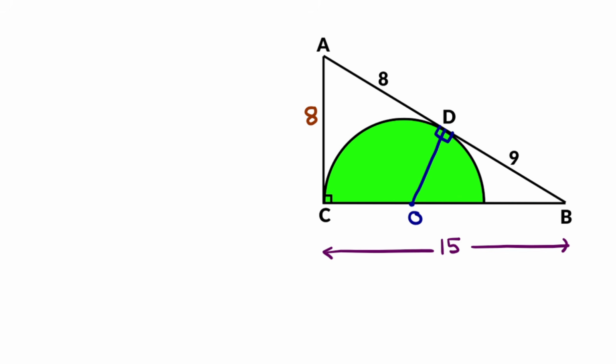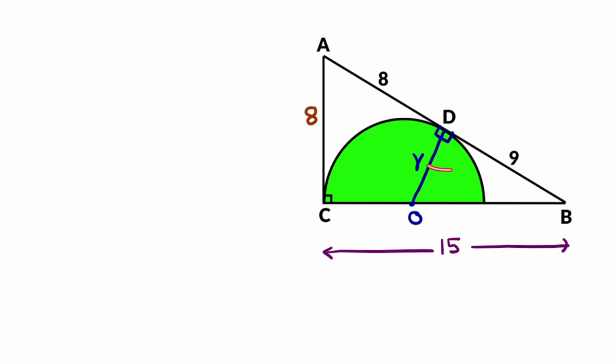Now compare that small triangle to the large triangle ACB. Both triangles have a right angle, and both share the same angle at point B. That means the two triangles are similar, and once triangles are similar, their side ratios must match. In the small triangle, the vertical leg is the radius, r.